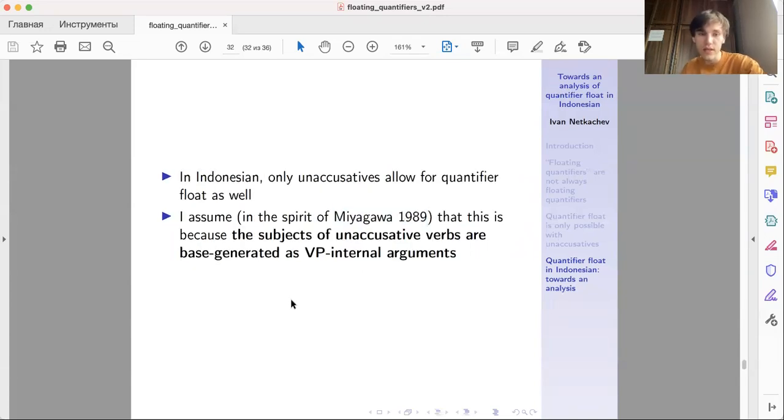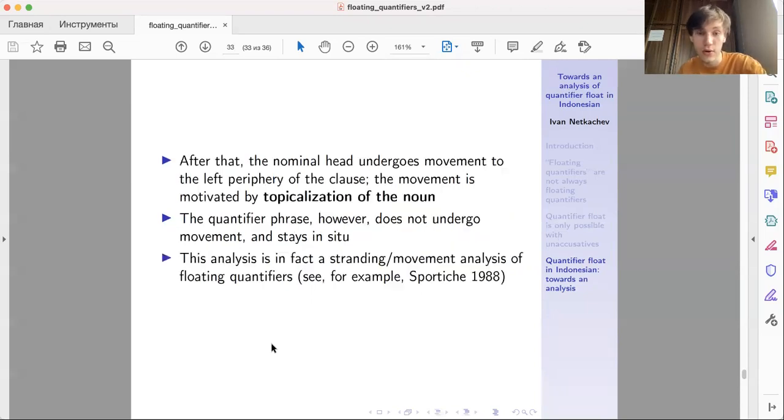So I claim that we observe those restrictions on quantifier float simply because the subjects of unaccusative verbs are base generated as VP internal arguments, while the subjects of unergatives are not, so they are VP external. Now I will show you in brief how this works.